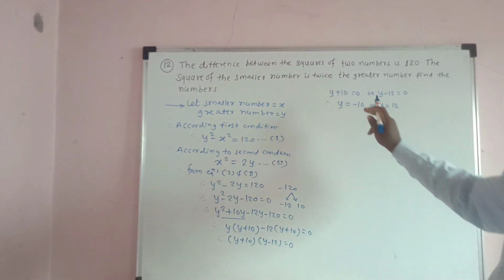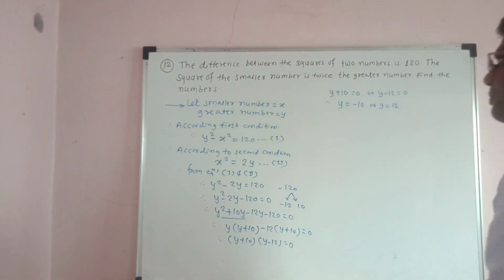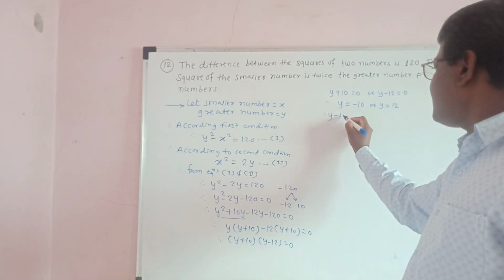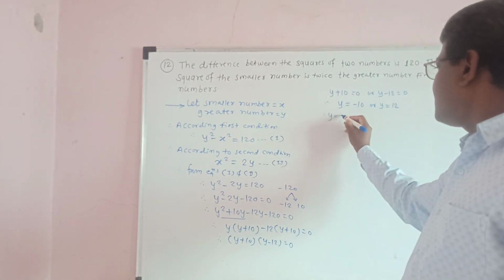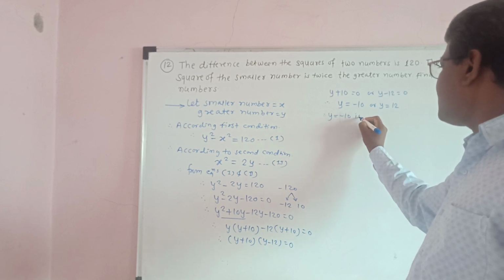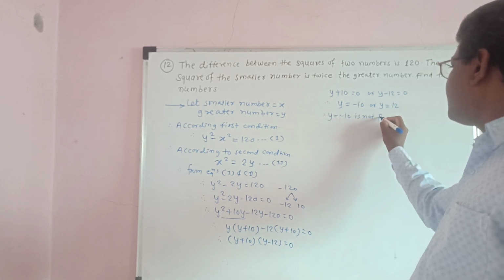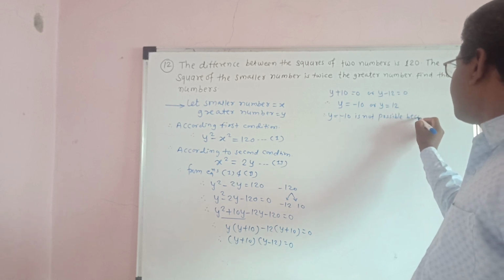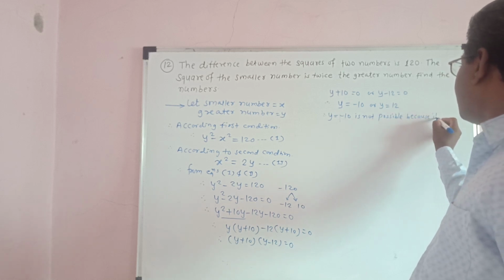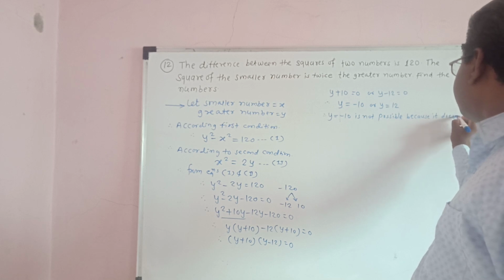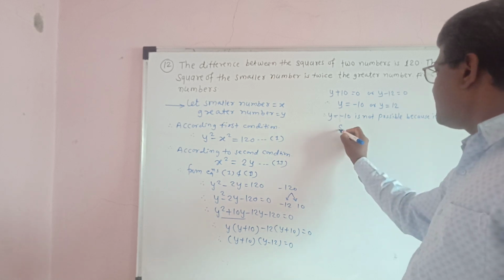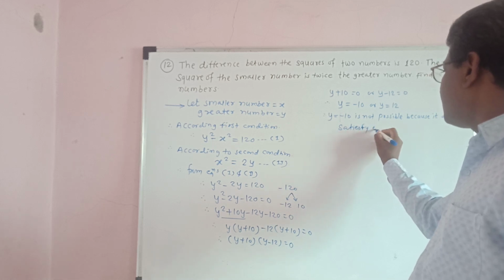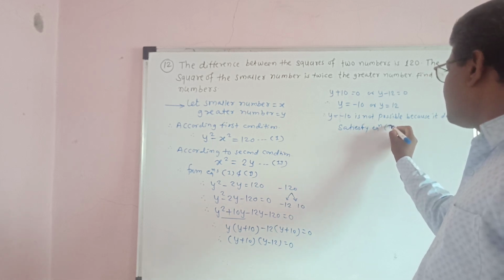So y is equal to minus 10 is not possible, because it does not satisfy equation 2.